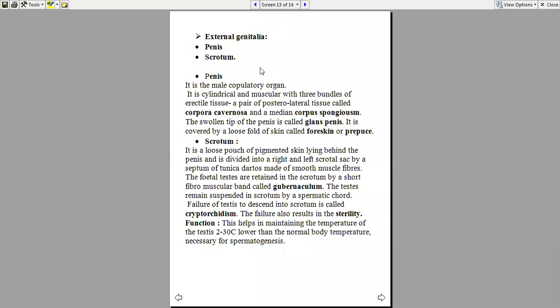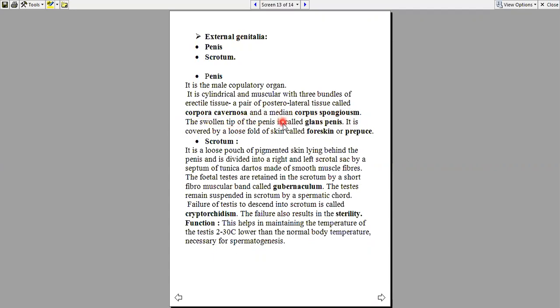On the posterolateral sides, on both sides, there is the corpora cavernosa, and in the center there is the corpus spongiosum. In this way, there are two corpora cavernosa and one corpus spongiosum.